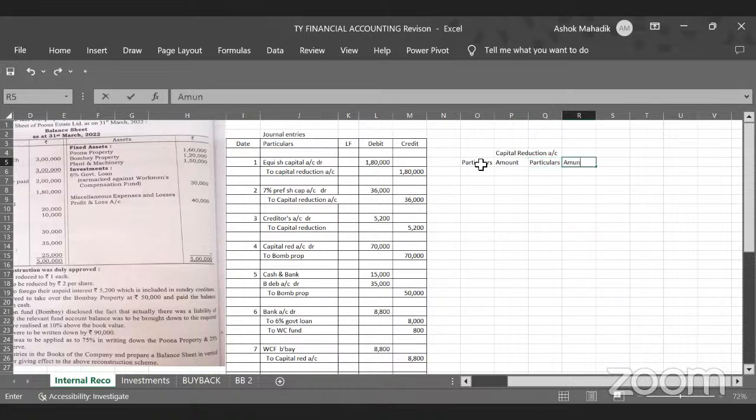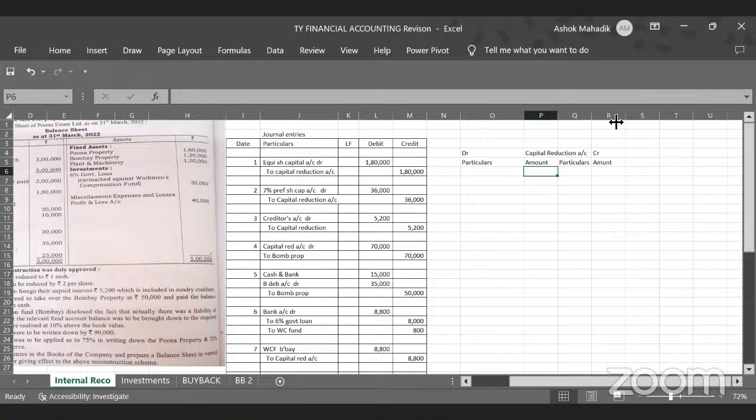Okay. This is debit side and this is credit side, right? Okay. So normal posting you have learned in FYGC. So first entry, equity share capital account debit to capital reduction. So in capital reduction it will be by equity share capital. You write by equity share capital.